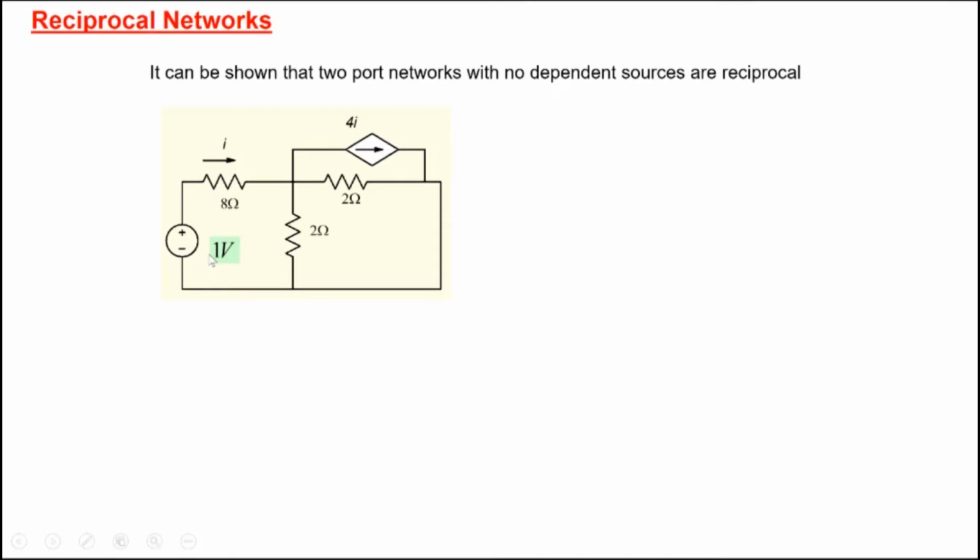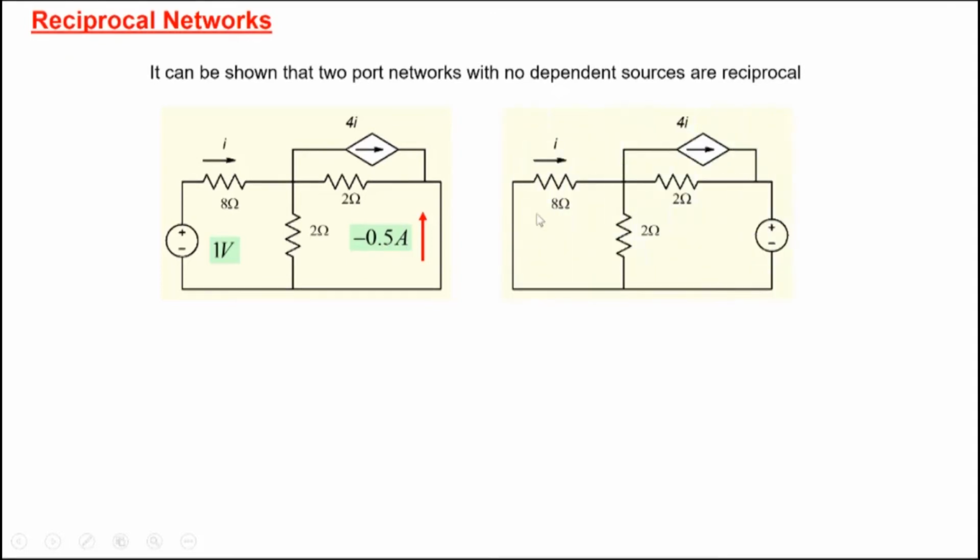If I apply 1 volt, let's say I calculate the current. So if this calculation is correct, let's say this is minus 0.5 amperes here. Now we short the input, we apply the voltage here, same voltage 1 volt. Well, I'll measure a current of minus 0.1 ampere here. Because in my 2-port network, there are dependent sources here. The circuit is no longer reciprocal here.